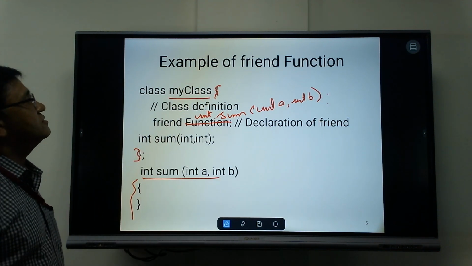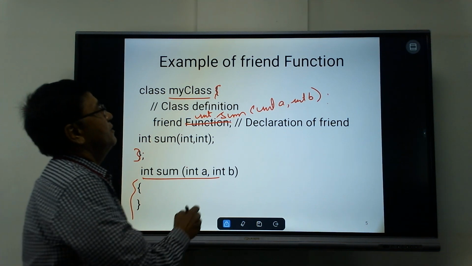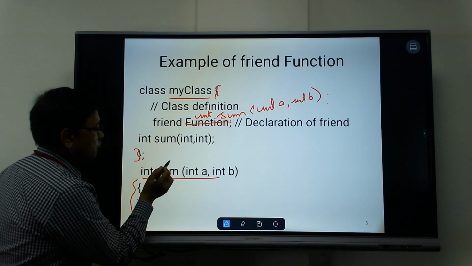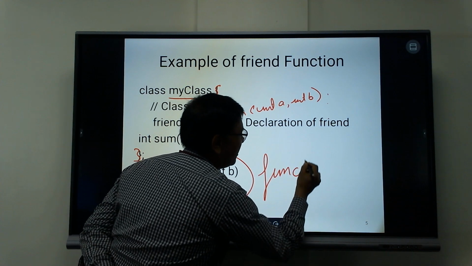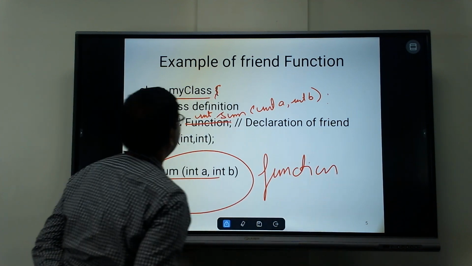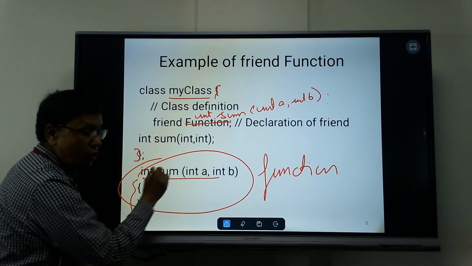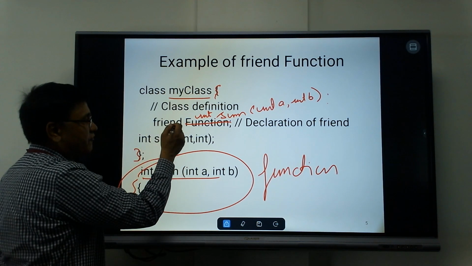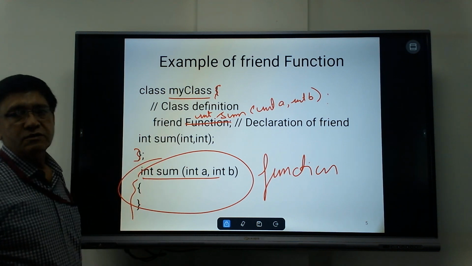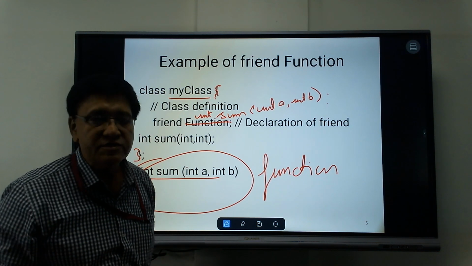Okay, this is one example of how to make such a function. What I mean to say is, any function which is not a member of this class, we make a friend of this class. What is the purpose of making the function a friend?